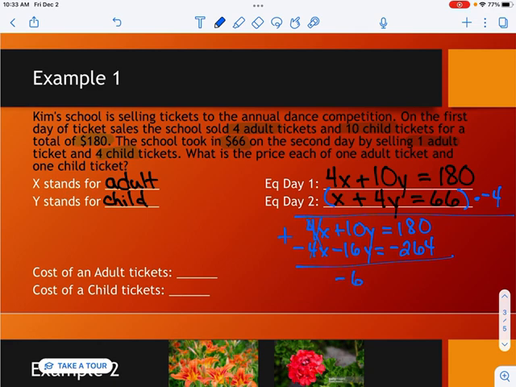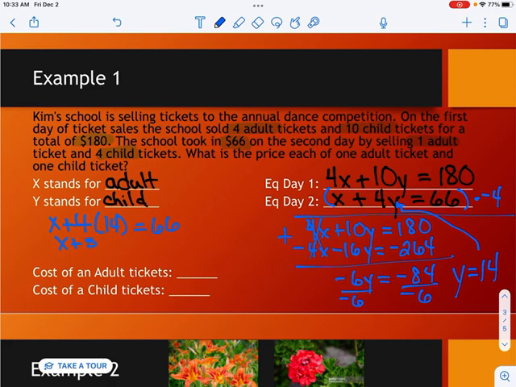That leaves me -6y equals -84. I'm going to divide by -6, so y is equal to 14. I take that and plug it back in, and now I have x plus 4 times 14 equals 66.